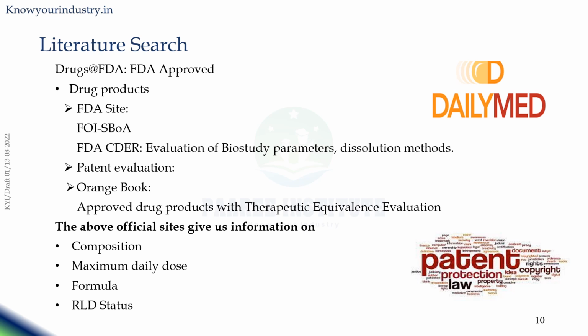In case of the drug product, there is a site called the FDA site, FOI, which is SBOA, where summary basis of approval documents are available, and you can get a lot of information on the chemistry, medical, microbiological, pharmacological, as well as other departments.